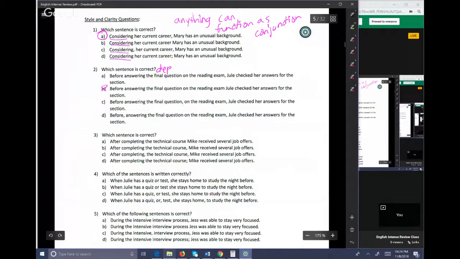However, on the reading exam is part of this first primary thought. If I'm speaking this sentence, I'm not saying before answering the final question, on the reading exam, Jewel checked her answers for the section. So this is not said as an extra comment. It's part of that first part.